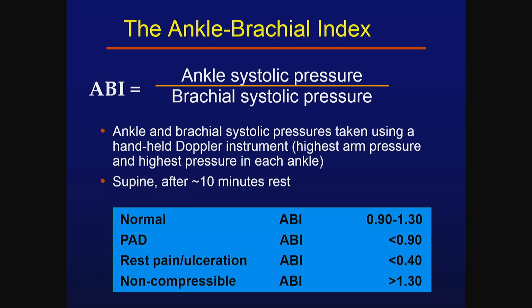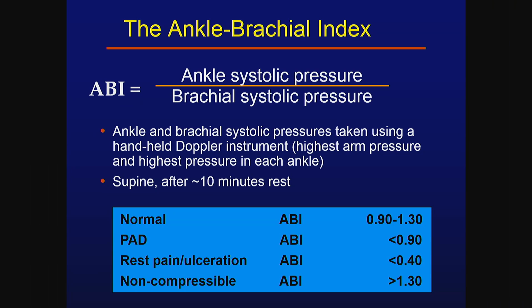The normal ankle brachial index is described as a ratio of 0.9 to 1.3. Peripheral artery disease is considered to be present when ankle brachial index is below 0.9.